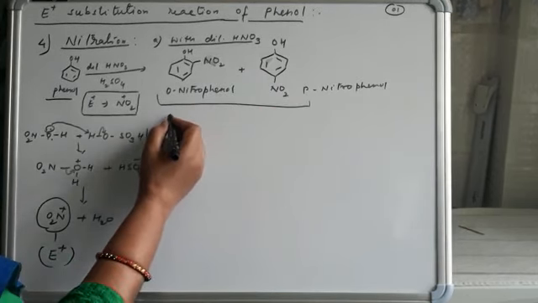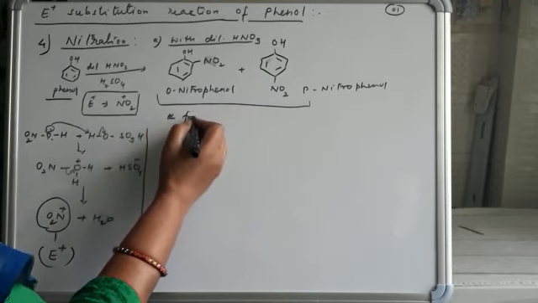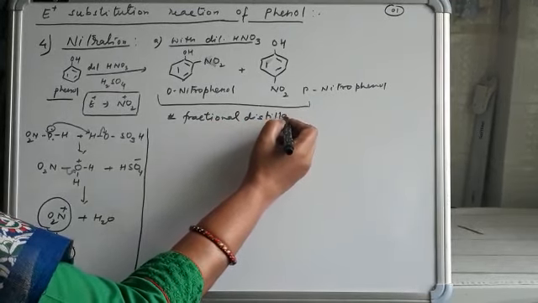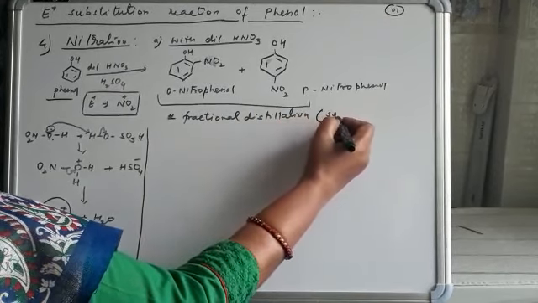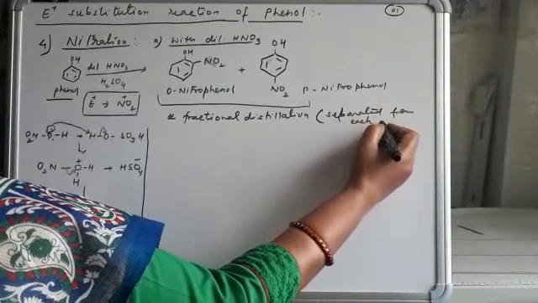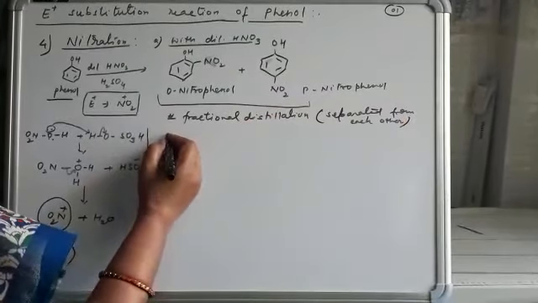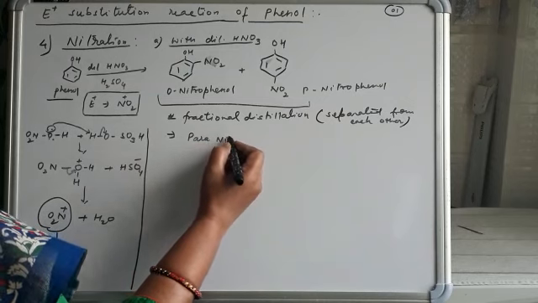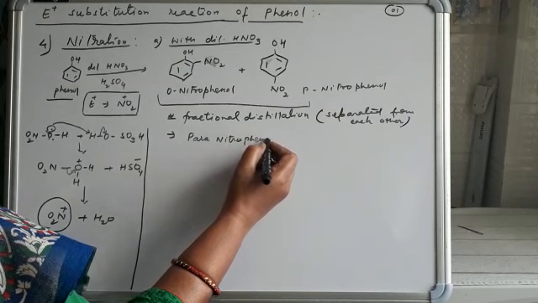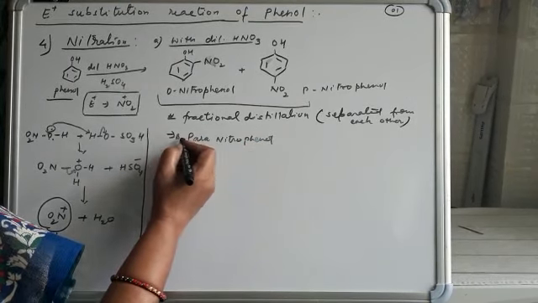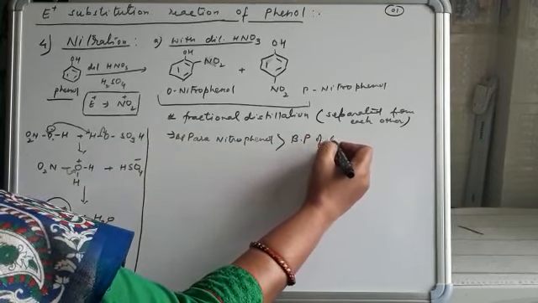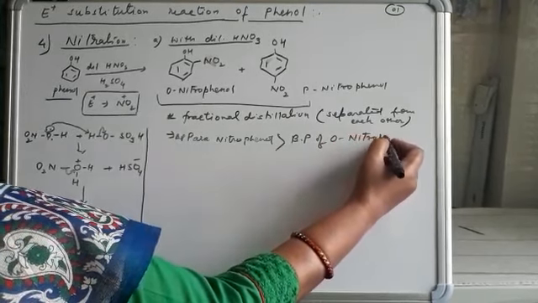At first, they are separated by fractional distillation, separated from each other because the boiling point of para-nitrophenol is more than the boiling point of ortho-nitrophenol.